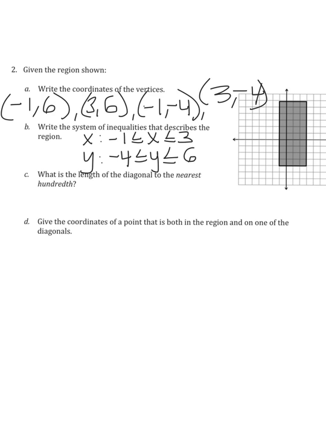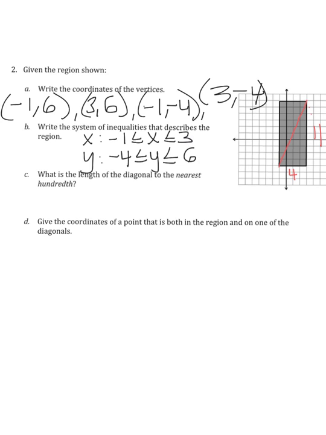So what is the length of the diagonal to the nearest hundredths? I'm going to have to use the Pythagorean theorem. So we have a length of 4 here. We're looking for the diagonal. And 11 here.